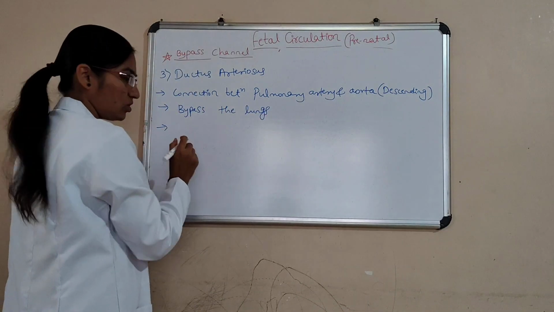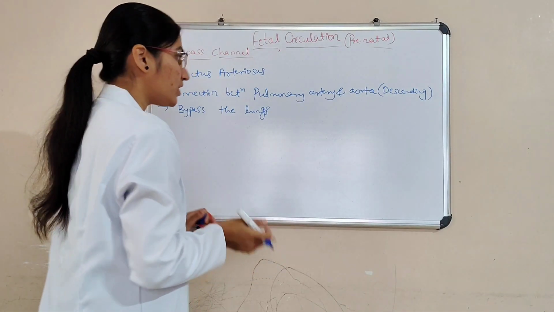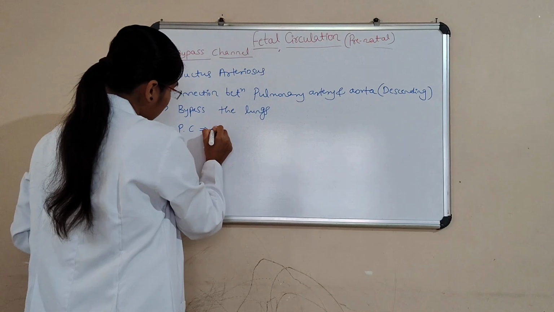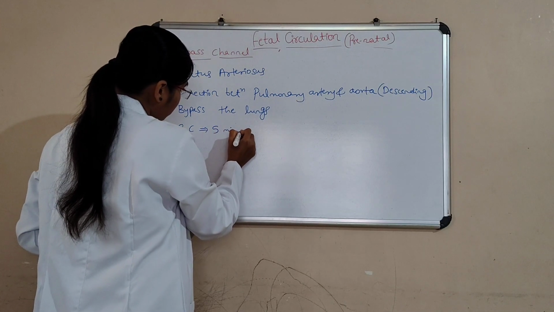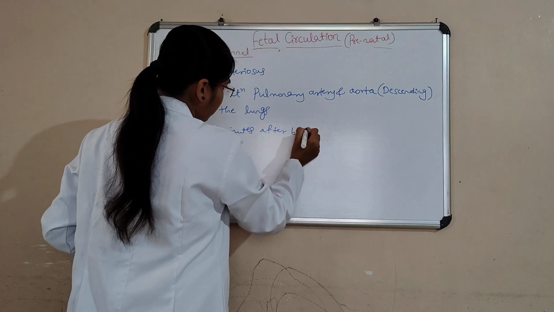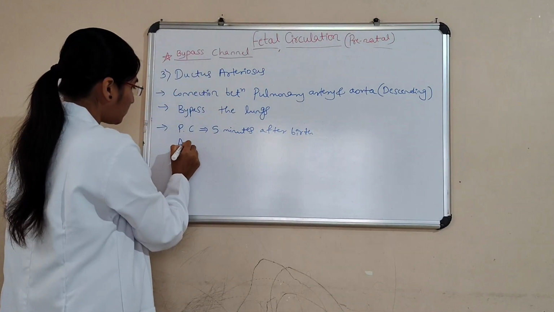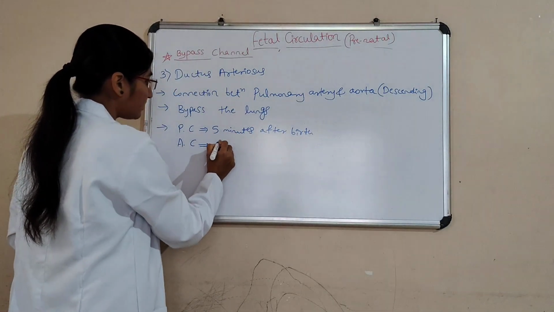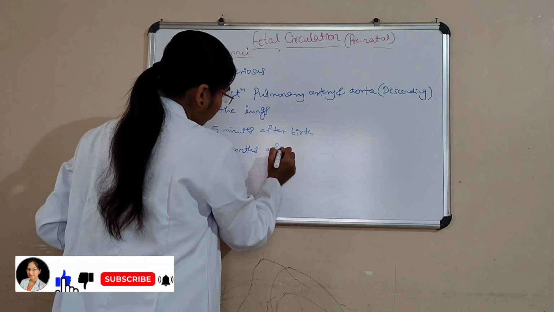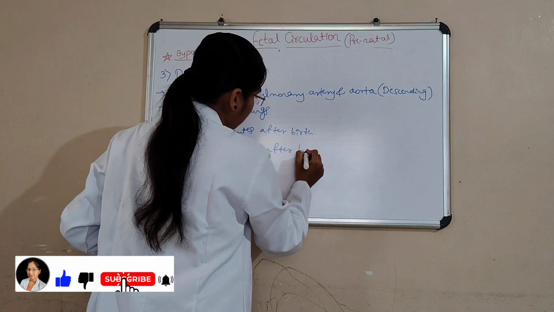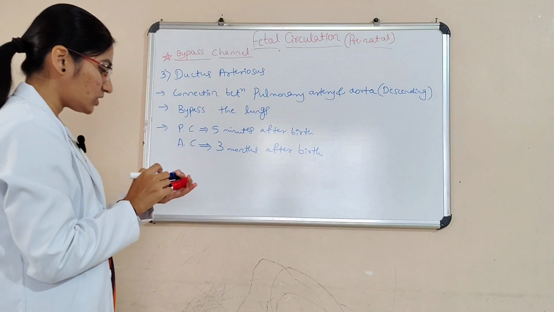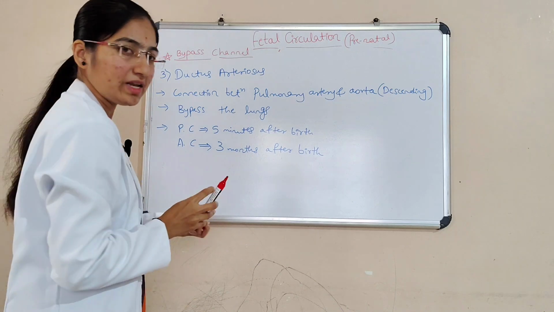And then we will see the closing, physiological closing and then anatomical closing. First one is the physiological closing, that is 5 minutes after birth. And next we will see the anatomical closing, that is 3 months after birth. After closing the ductus arteriosus, what is the remaining thing?